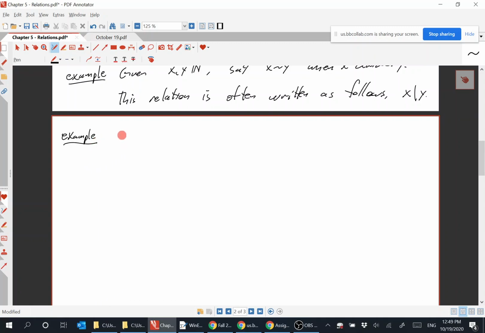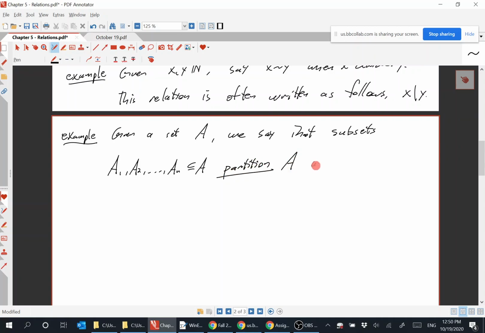So, given a set A, we say that subsets A1, A2, ..., An partition A when each Ai intersect Aj is empty for i not equal to j. In other words, the sets are disjoint.